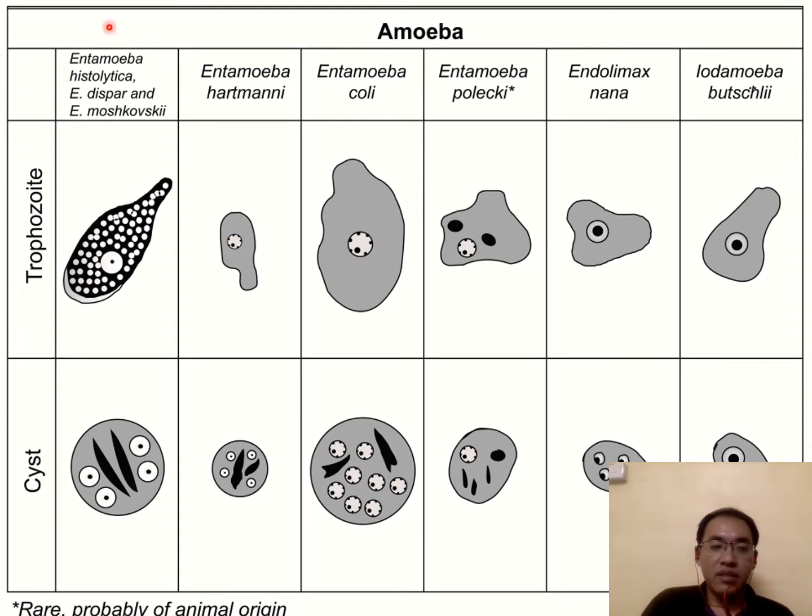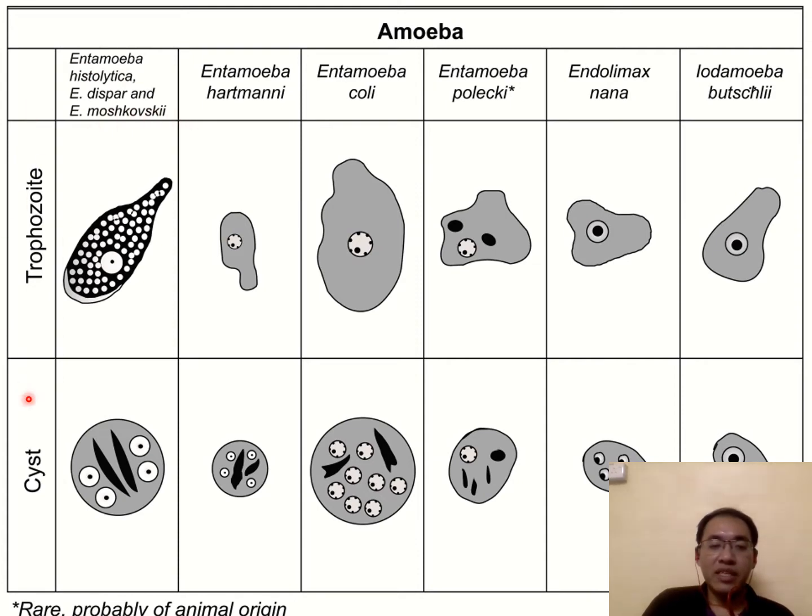If you look at the first group, there are Entamoeba histolytica, dispar, and moshkovskii. All these three species show the same morphology in the trophozoite or cyst form, so it is difficult to differentiate them under the microscope. However, we still have to differentiate them, because only Entamoeba histolytica should be treated.